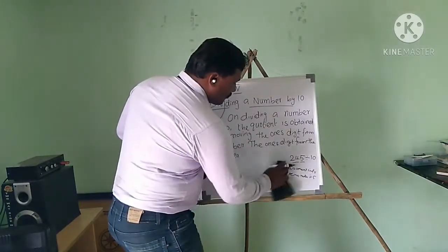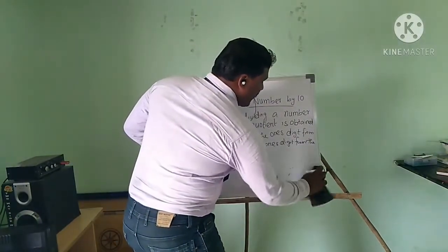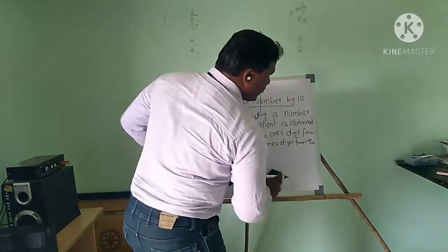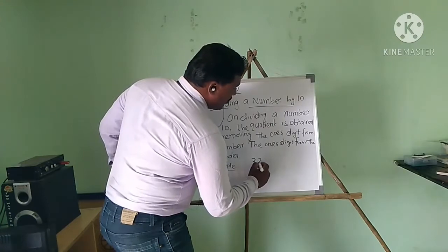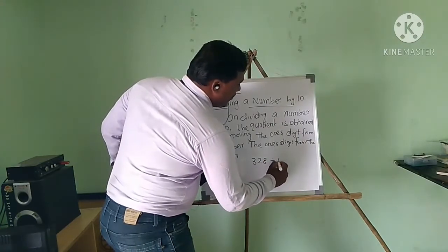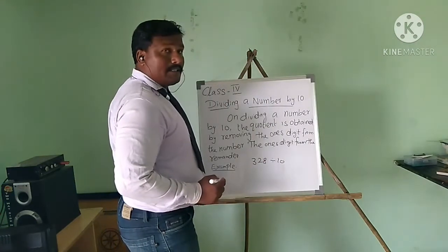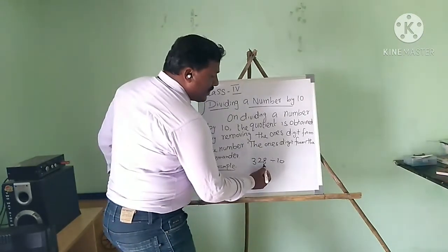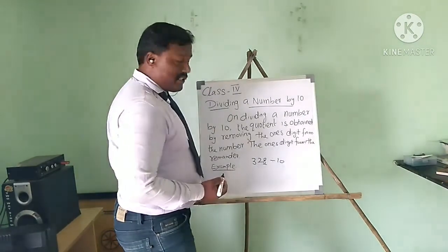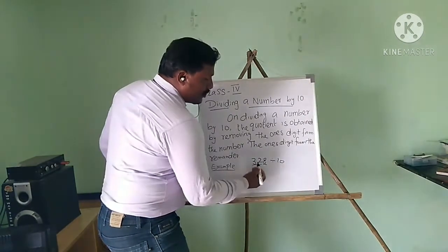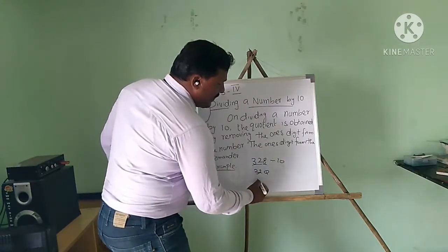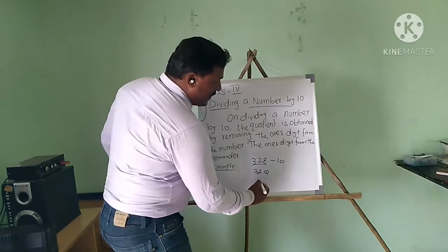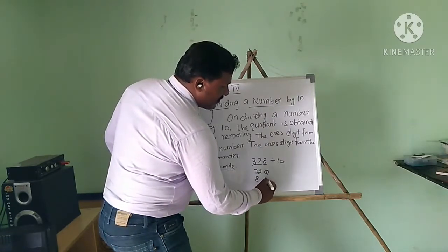Suppose 328 divided by 10. If you remove the ones place value 8, then the remaining value is 32. So 32 is the quotient, 8 is the remainder.